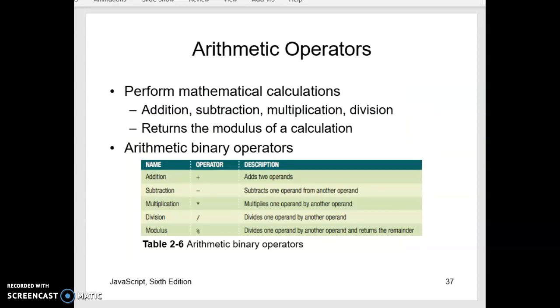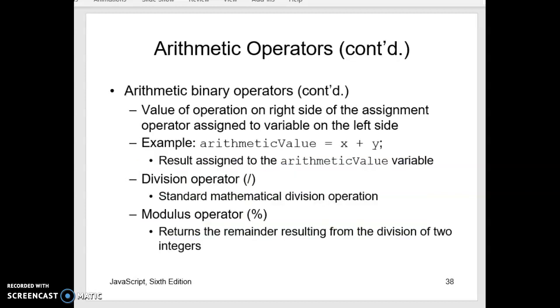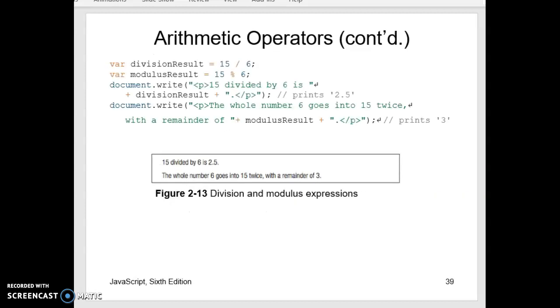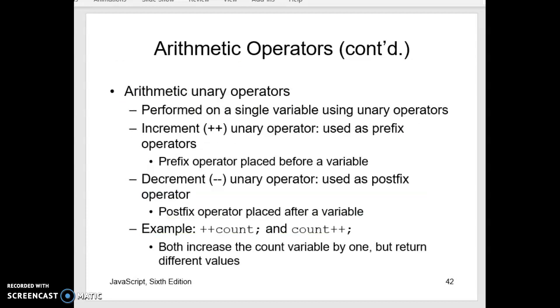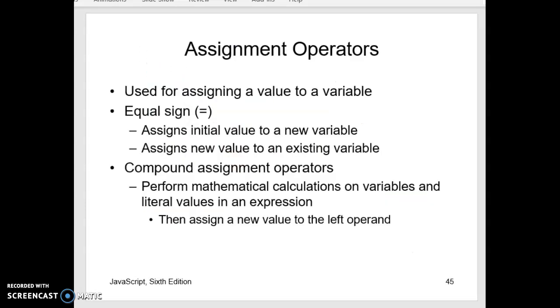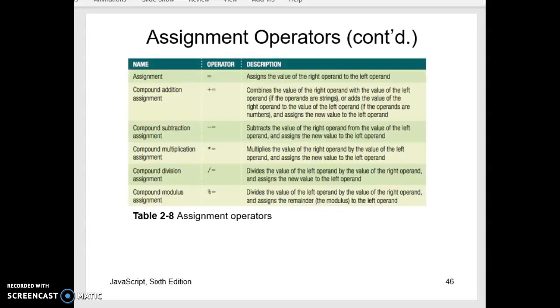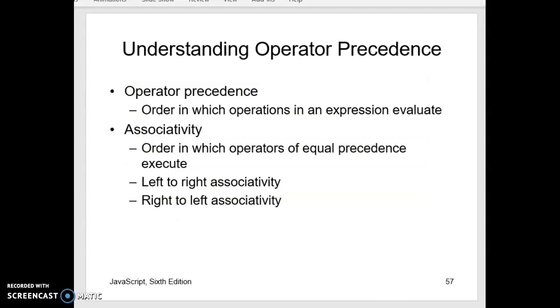When we build on arithmetic operators, you can create multiplication, division, but it goes according to an order of operations. The order of operations is the order in which those are going to be evaluated.